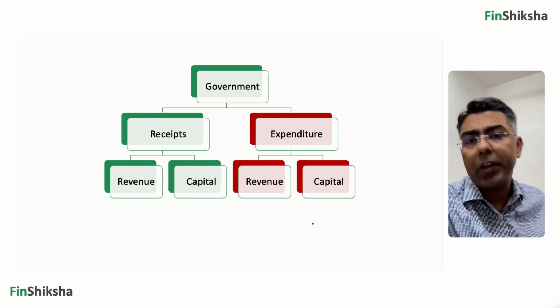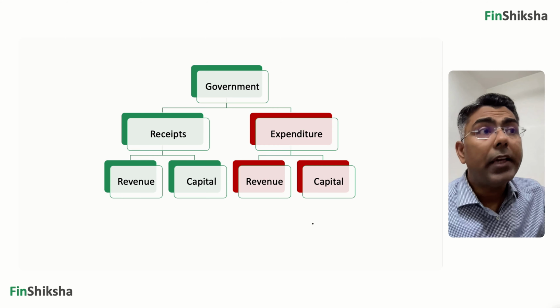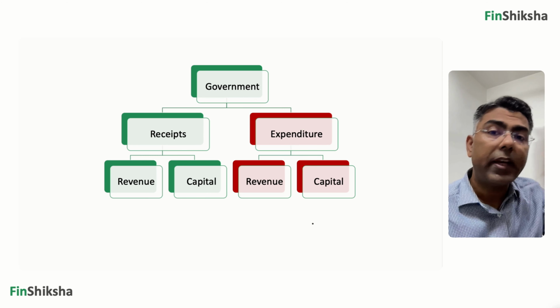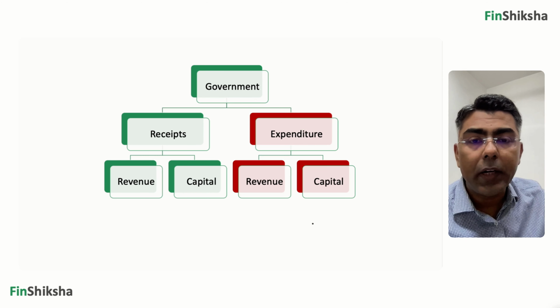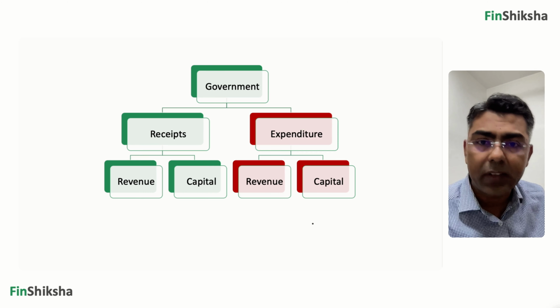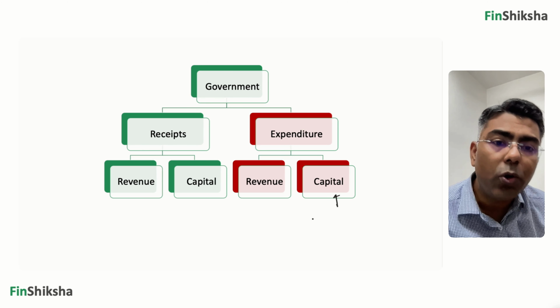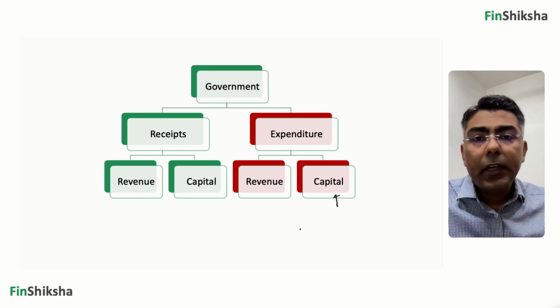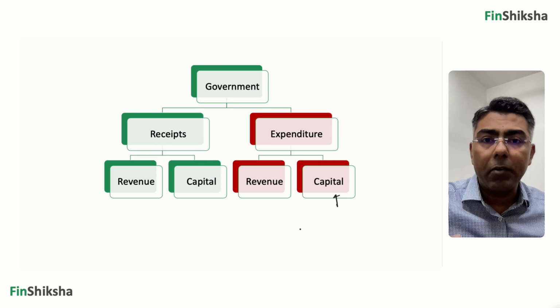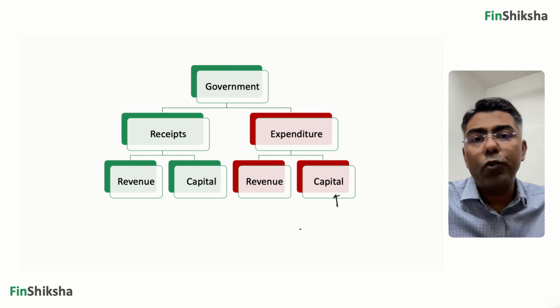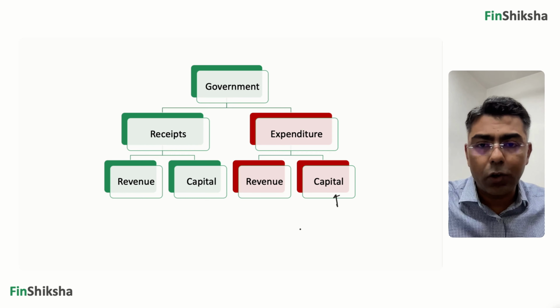So government ने कुछ infrastructure spending किया, or for example, exact opposite of disinvestment. If they go and increase their stake in a public sector entity, that's going to come under capital expenditure. So ideally, the capital expenditure part is the infrastructure that the government is building or investment that the government is doing that is going to lead to further growth in the economy.